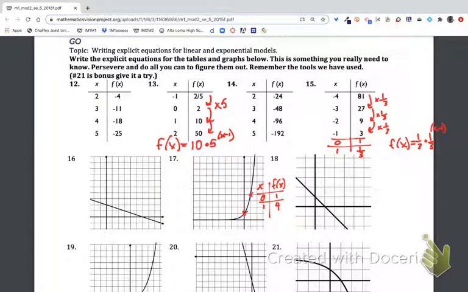I know that this is exponential, so I should be able to say that my constant ratio is 4. My equation would be f of x equals my first term times the common ratio raised to the power of x minus 1.